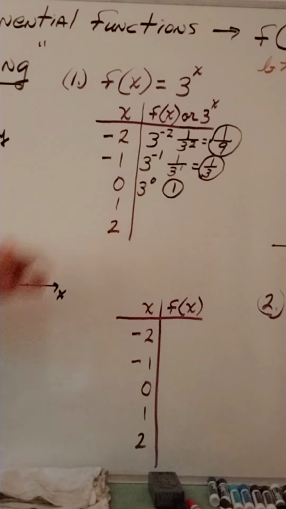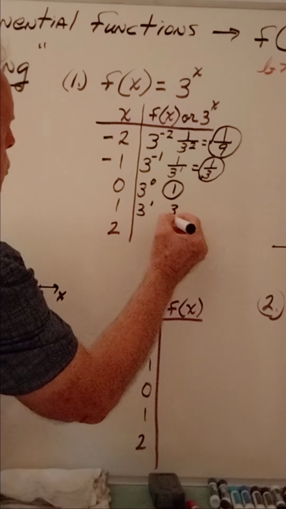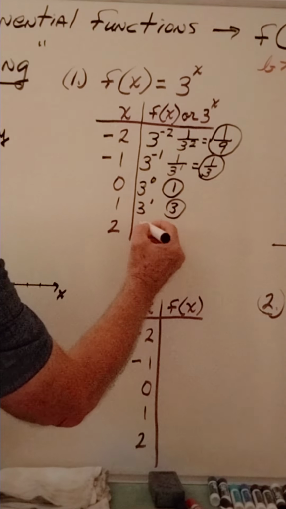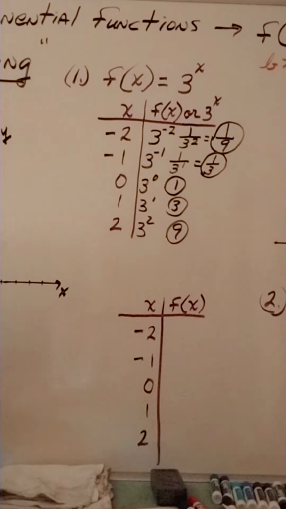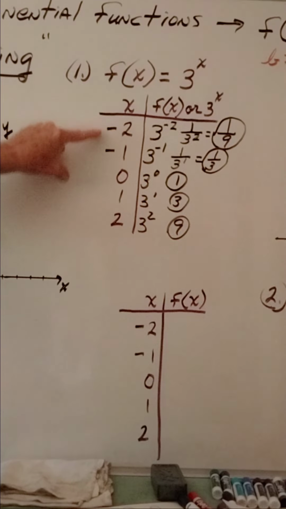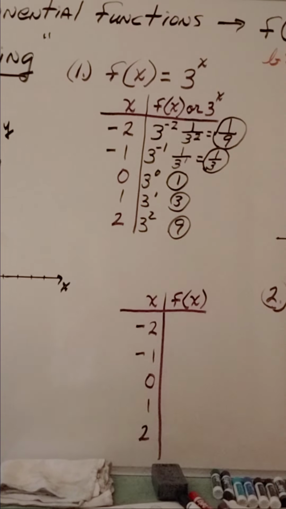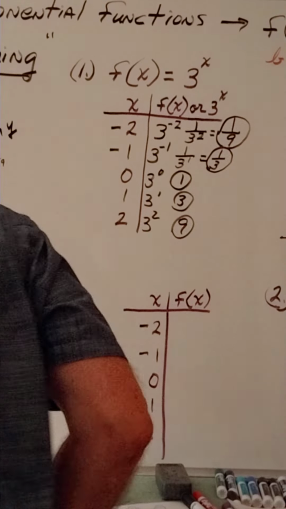And if x is 1, we'll have 3 to the 1, and that is 3. And if x is 2, that would be 3 to the 2nd, or 9. These are the corresponding range values for those domain values. Now we're going to come along and show the graph of this.